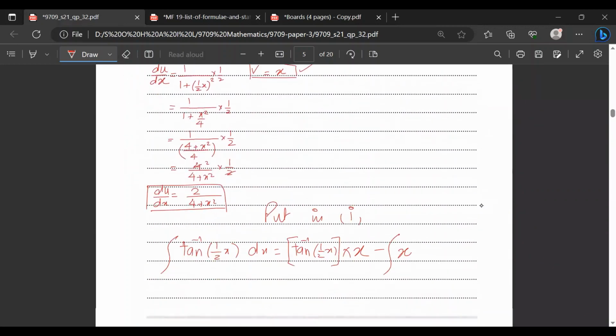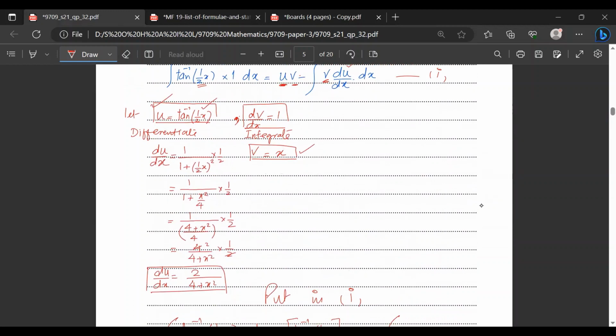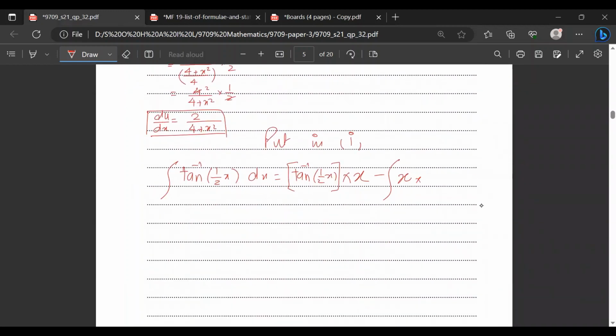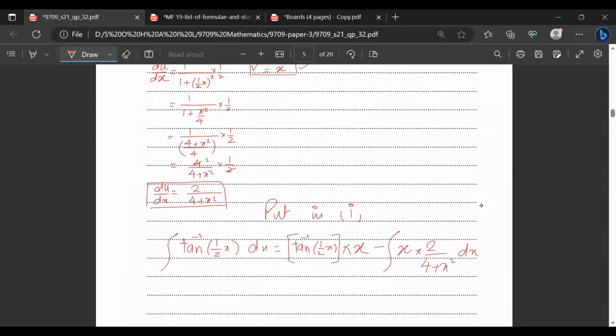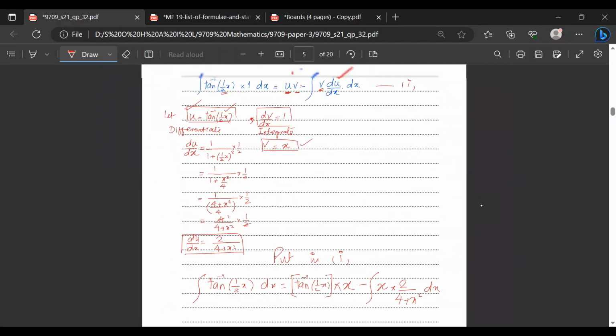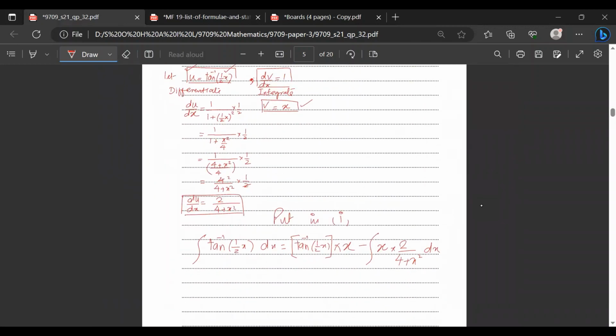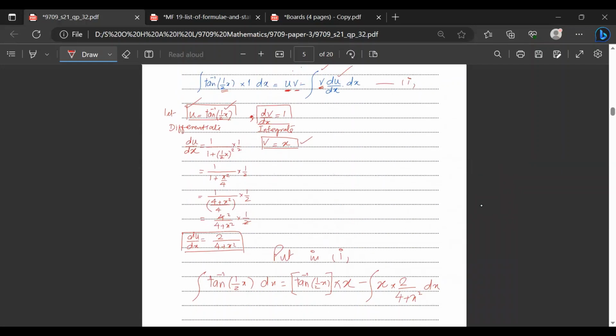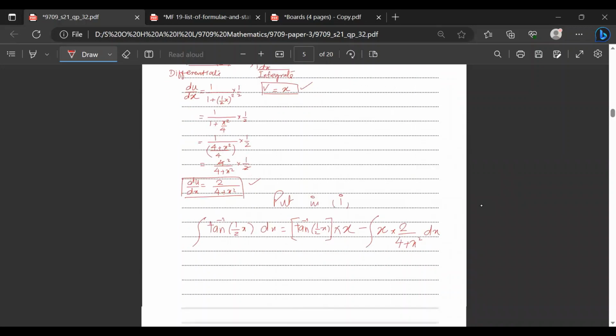and du by dx is 2 over 4 plus x squared. So I just replaced. u is multiplied by v, minus the integral of v, which is x, times 2 over 4 plus x square, which is du by dx.